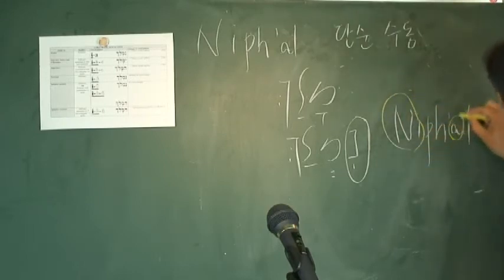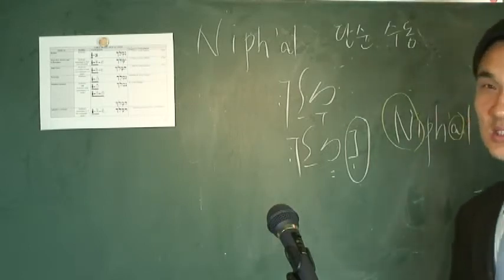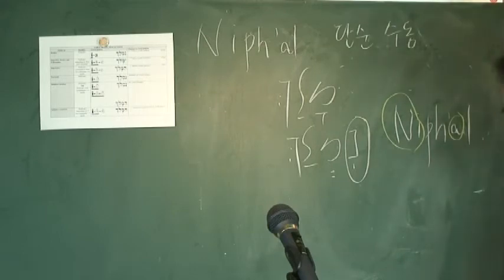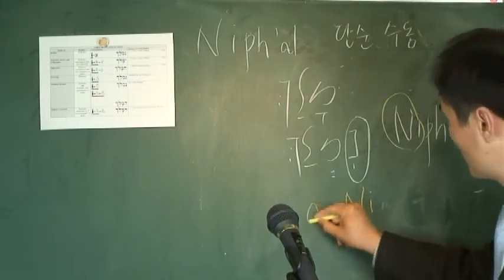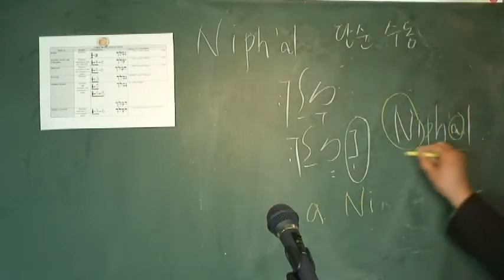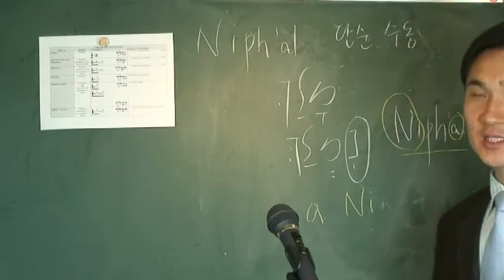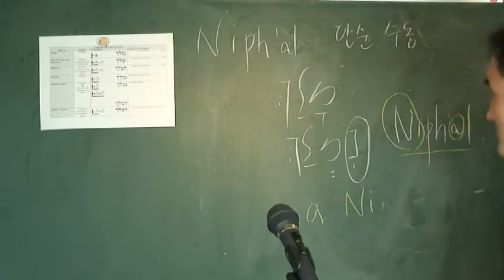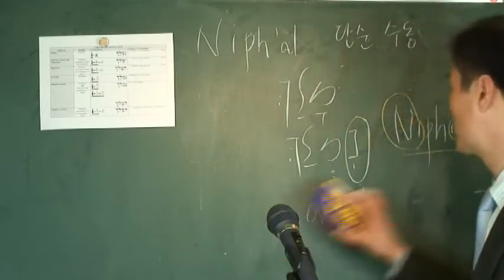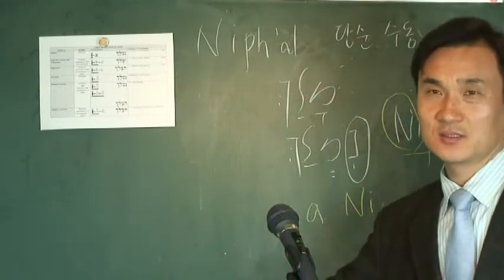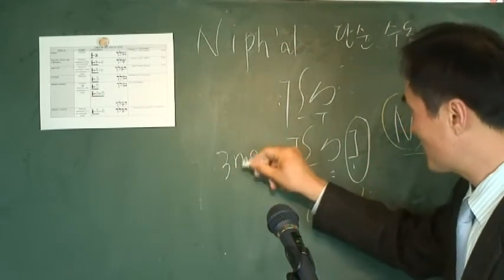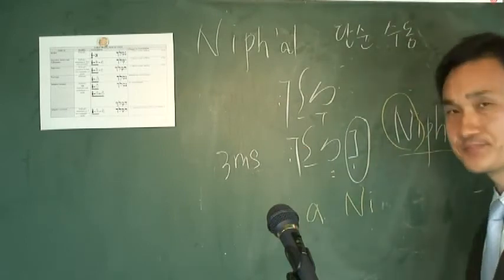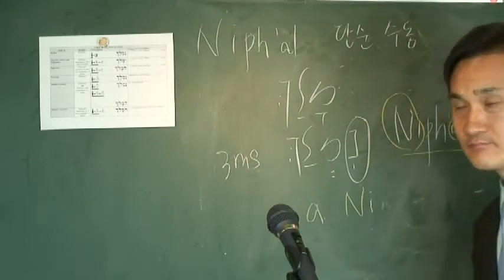Ni and a form the model of the Niphal. We can come up with the model by memorizing this name. This is the third person masculine singular of the Niphal verb.